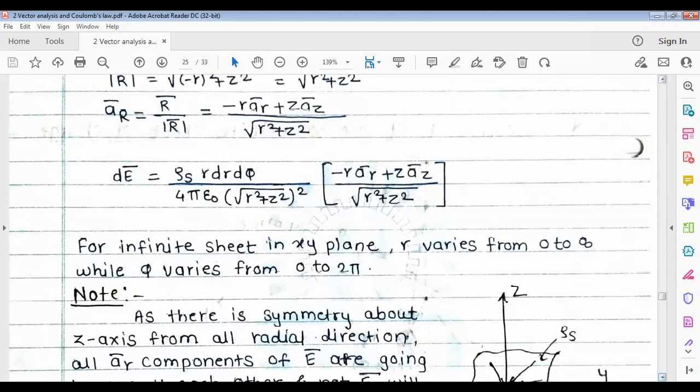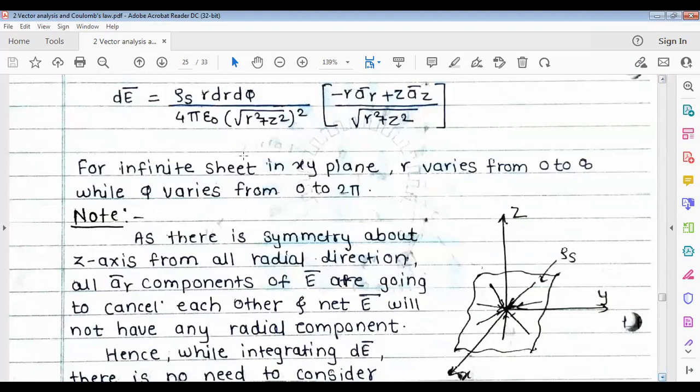Now, this r is the radius. R is the radius of the cylinder. So, this is your central z axis. If we consider that the radius is starting from this z axis, then whatever be the point or whatever be the lines produced, that is the R component, they get cancelled.